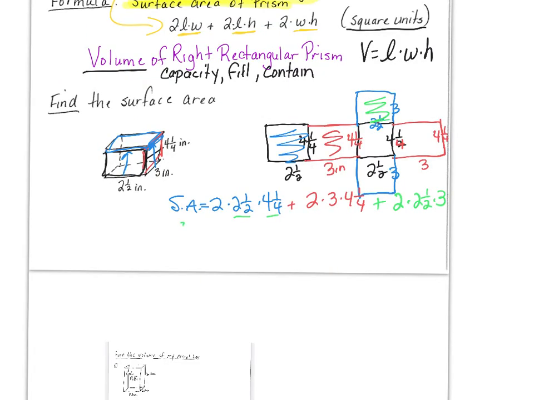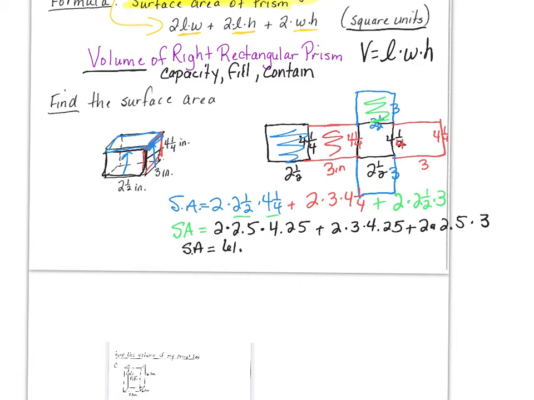So the surface area equals 2 times 2.5 times 4.25 plus 2 times 3 times 4.25 plus 2 times 2.5 times 3. Punch that into your Desmos calculator, and you get the surface area is 61.75. Area is always measured in units squared, so it's square inches.